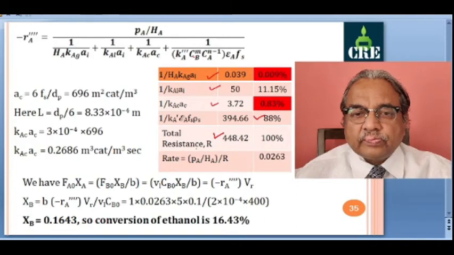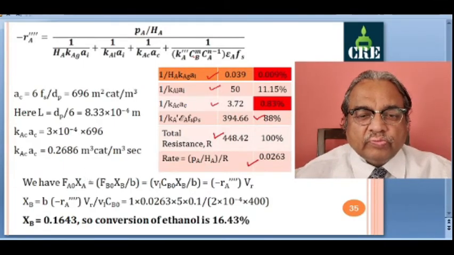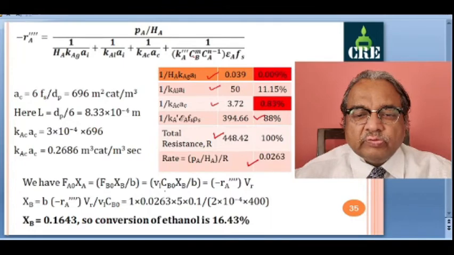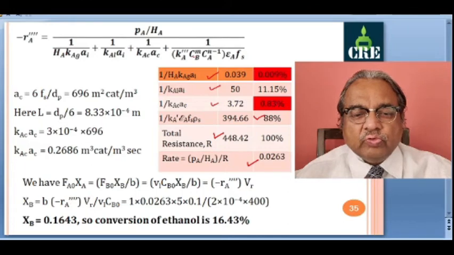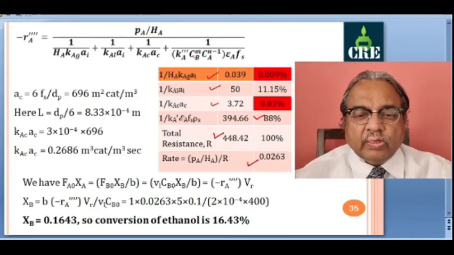So the rate, Pa by Ha, that we know, divided by R, comes out to be 0.0263. So we will use Fa0 xa is equal to Fa0 xb by b, where b is the stoichiometric coefficient. Fb0 can be written as Vl into Cb0, and if we solve it for xb, b is transferred to this side, so b times minus Ra 4 times prime into Vr divided by Vl into Cb0.